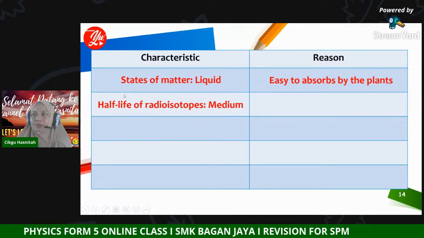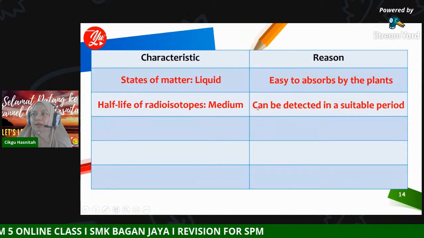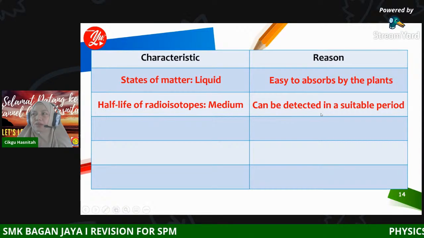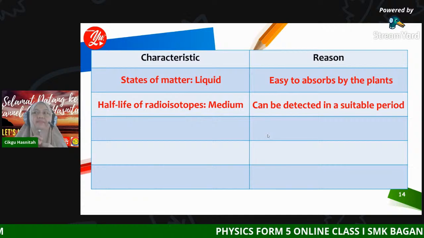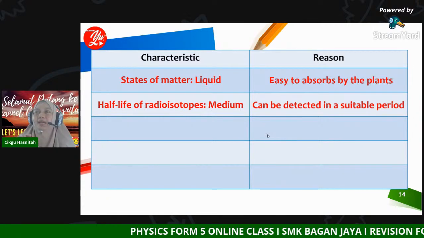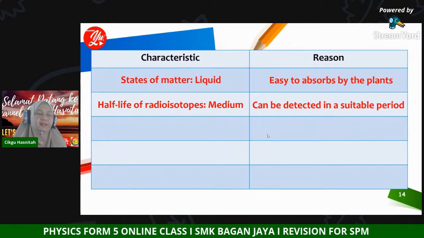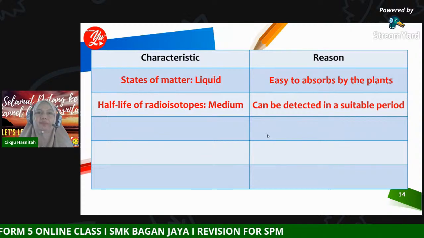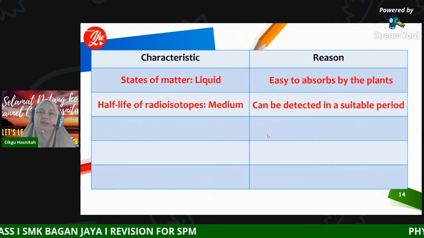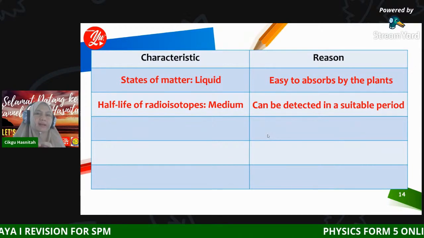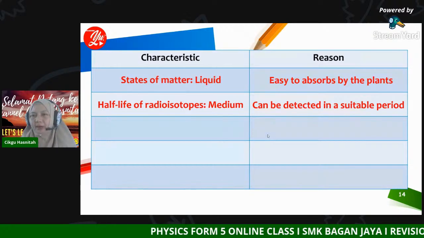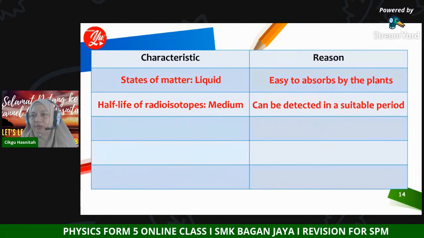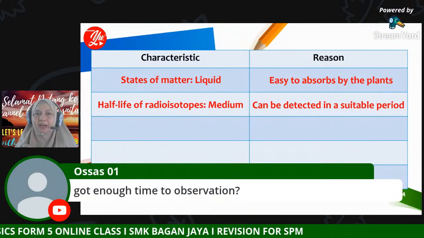But the best is to say, so it can be detected in a suitable period, or enough time to be detected by the plant. Good, enough time for observation. Ini bolehlah diterima.